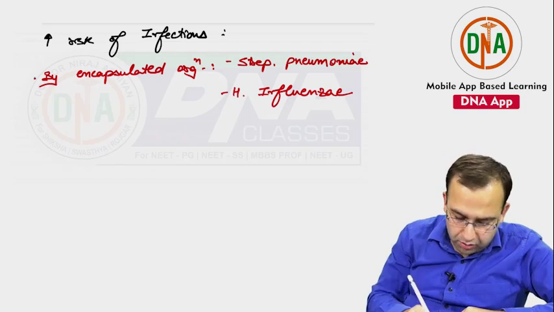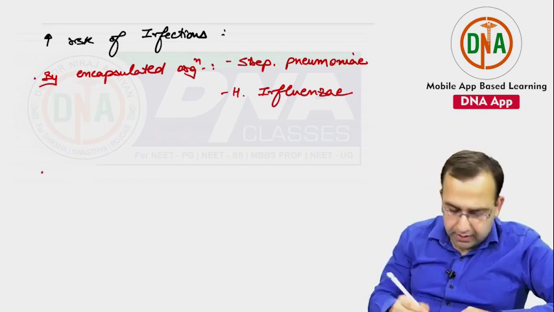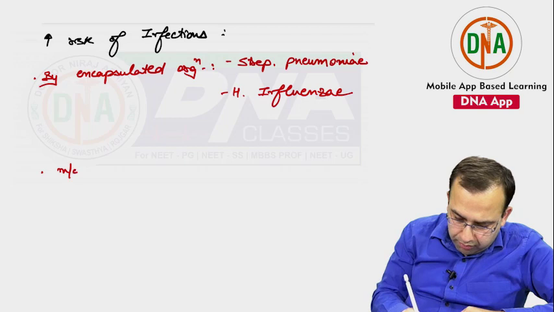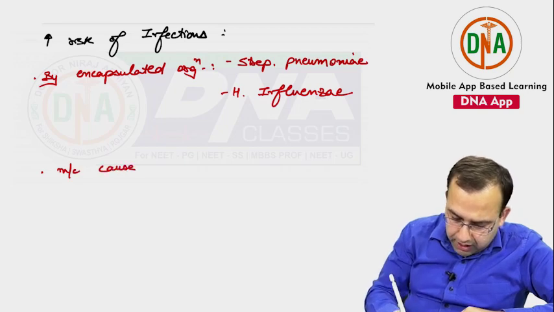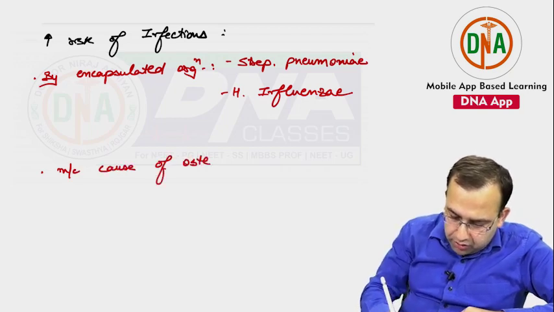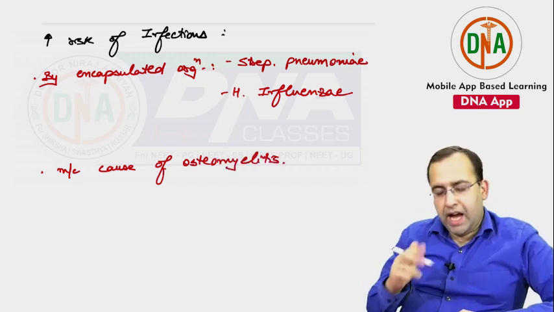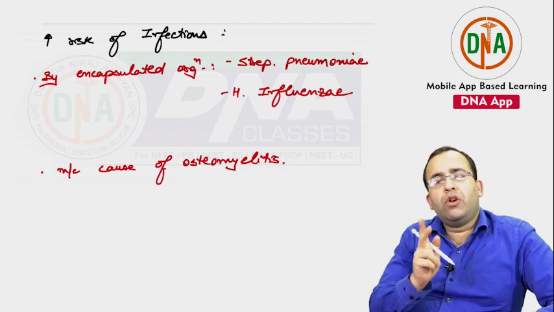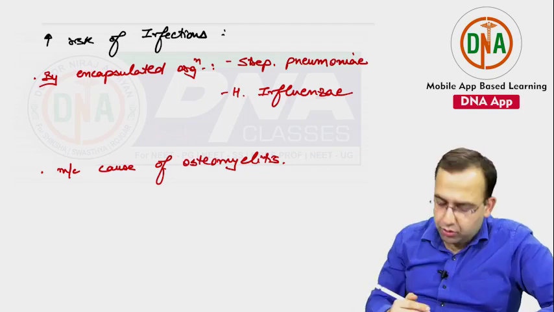Next point. So I can safely say most common cause of osteomyelitis. Itis is inflammation. Osteomyelitis, inflammation of the bone.